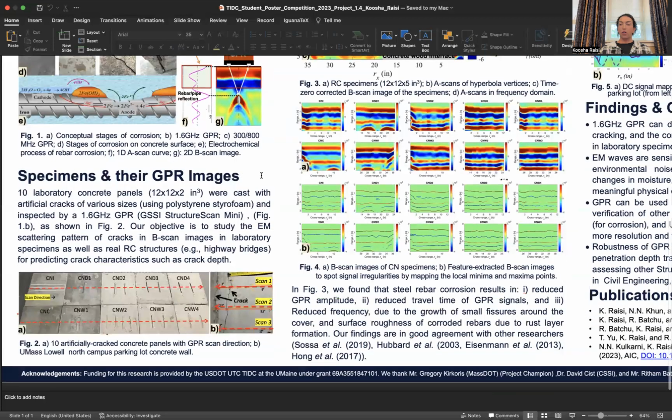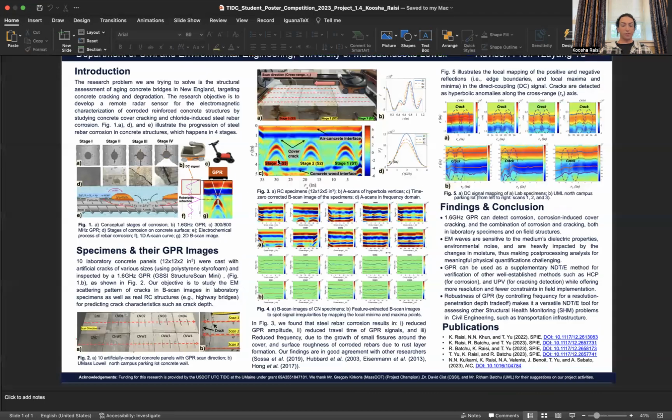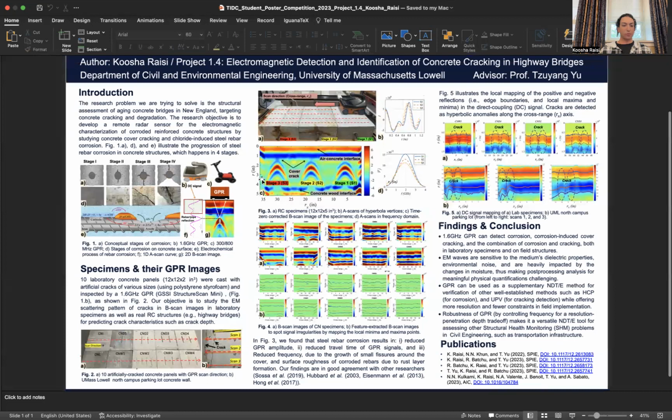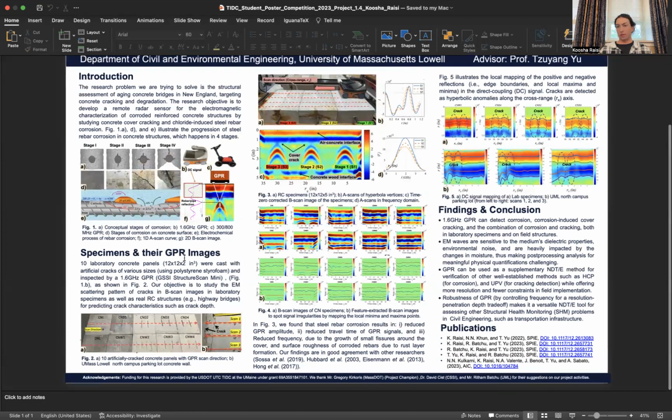As for what we started to do to advance toward answering this big question about this project, we are starting with laboratory samples. So we casted 10 laboratory concrete specimens. We call them CN specimens, 12 by 12 by 2 inch cubes, with the same water to cement ratio, aggregate ratio, and same materials, everything controlled.